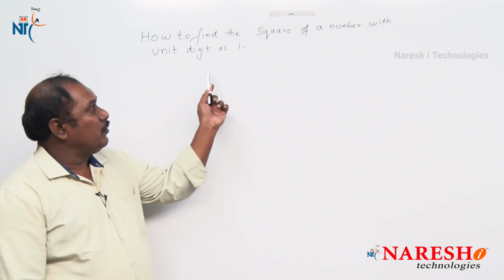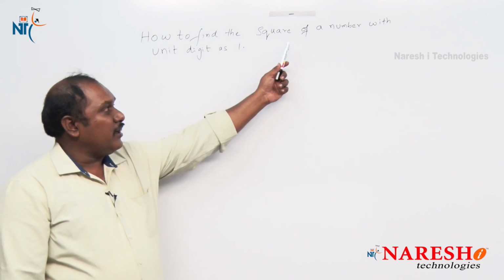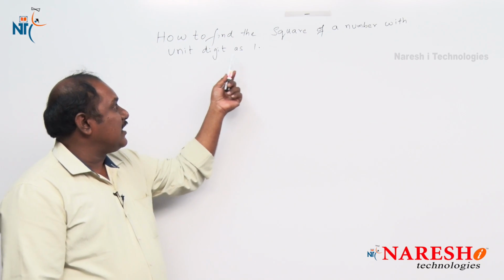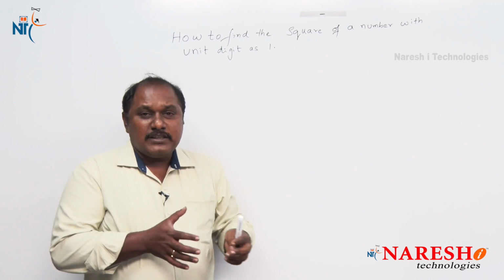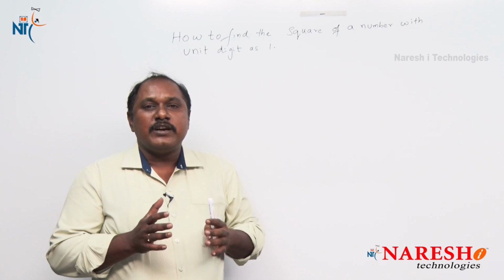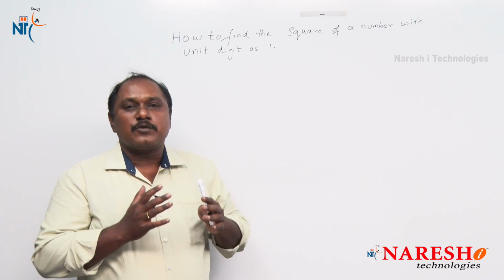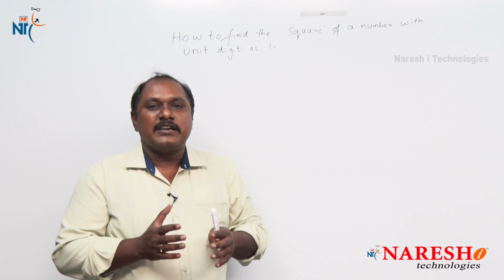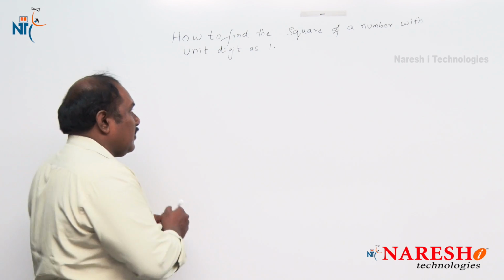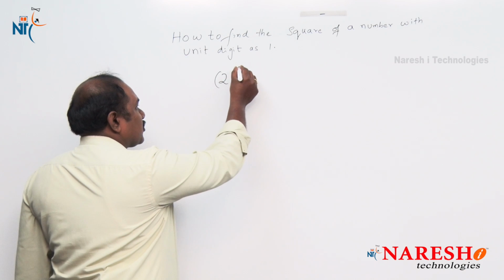Now let's continue with the second shortcut: how to find the square of a number with unit digit as 1. Previously we have learned how to multiply two numbers with unit digit as 1. The same logic we can apply to find the squares of numbers with unit digit as 1. Let's take a small example, 21 square.